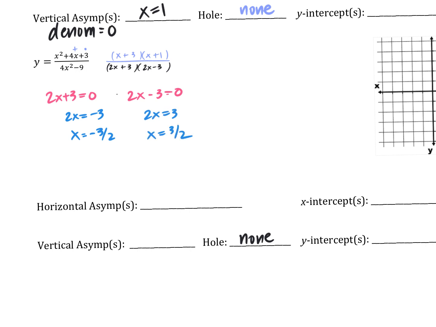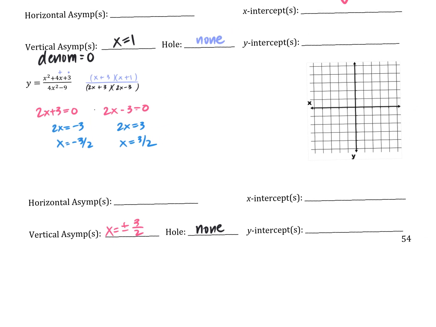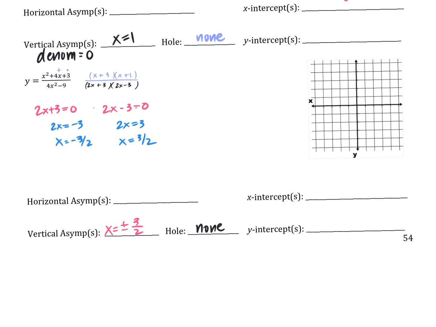Awesome. We've got 2 vertical asymptotes, and they're at plus or minus 3 halves. What would that be as a decimal? Yeah, so I'm just going to go to my graph, go to the right 1.5 and draw a dotted line, and go to the left 1.5. And we're done. And we did it.